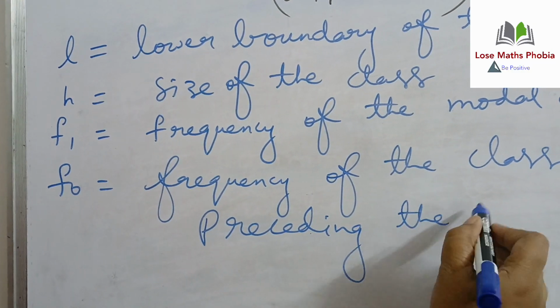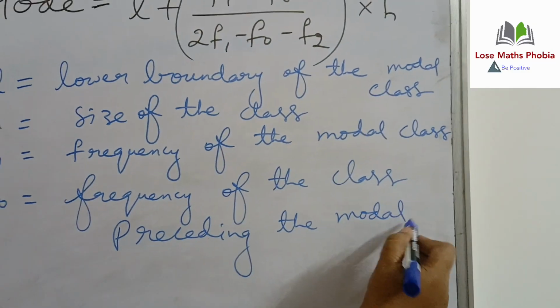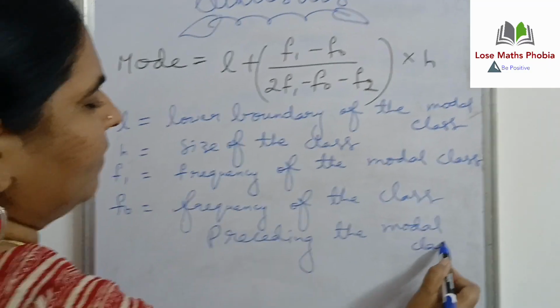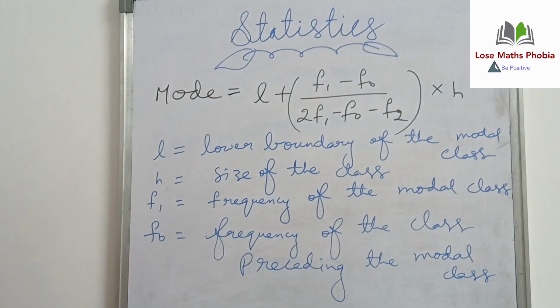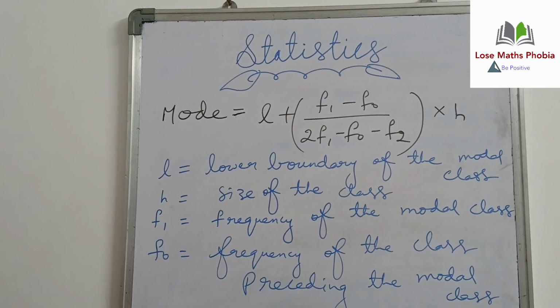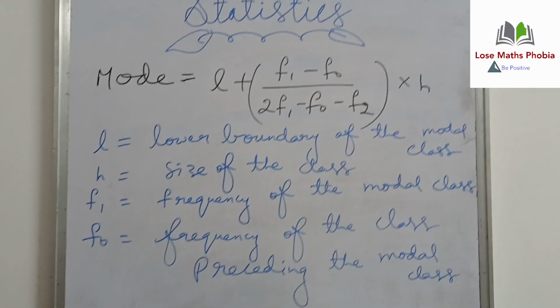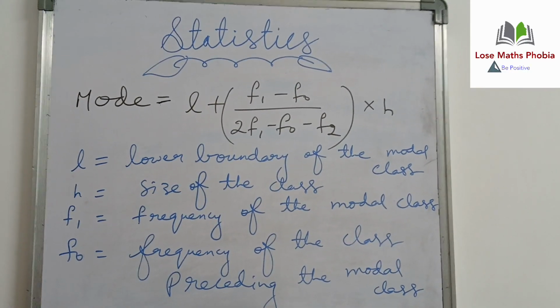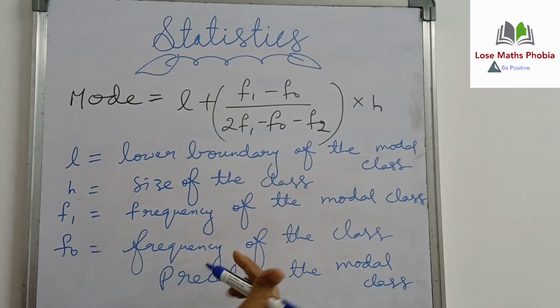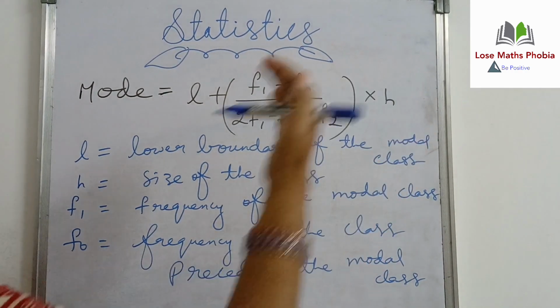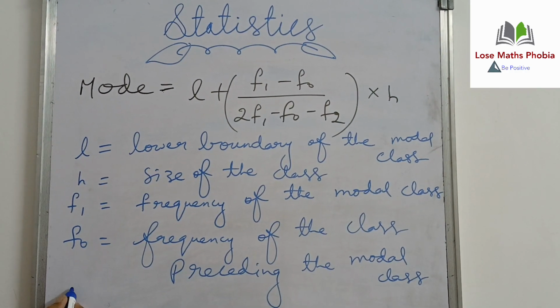You have learnt preceding, succeeding, these words in the lower sections, like predecessor, successor used to be there in mathematics. That is before number and after number. Preceding means just before the modal class, whatever class is present.